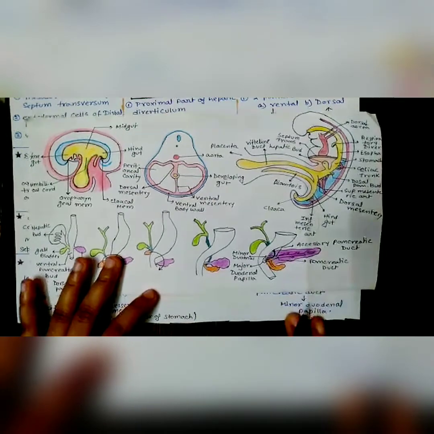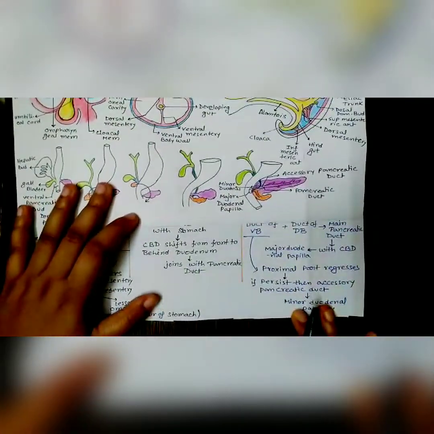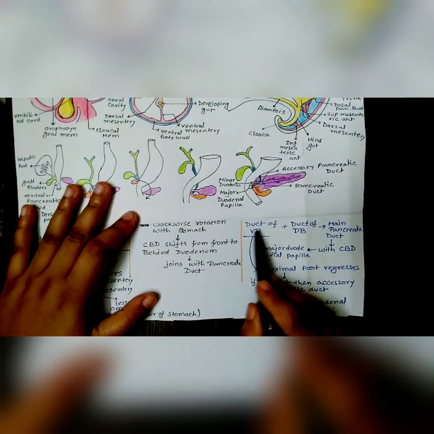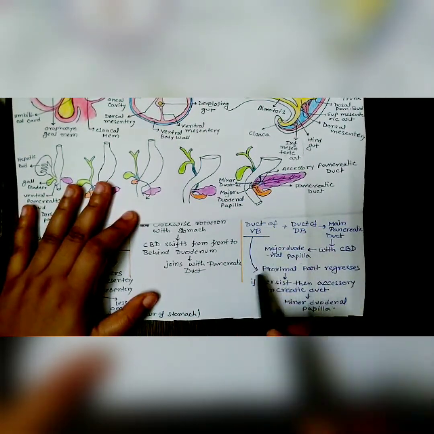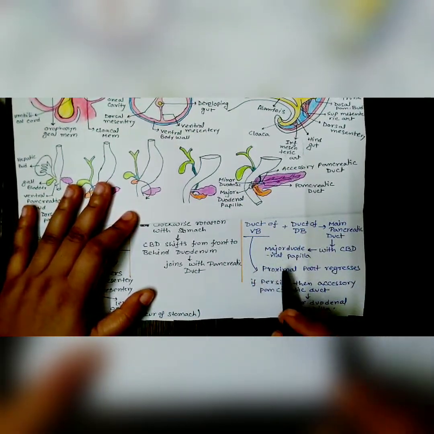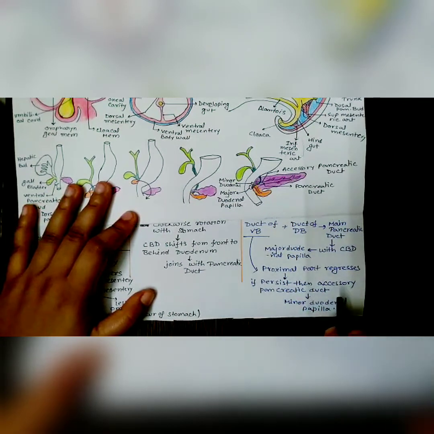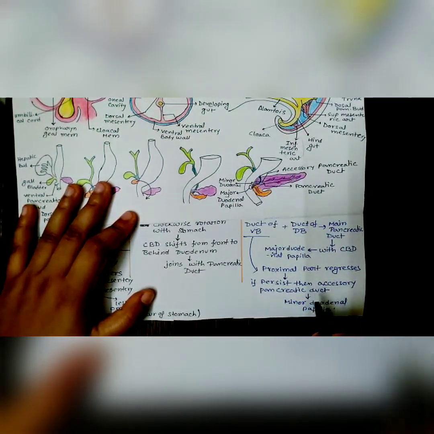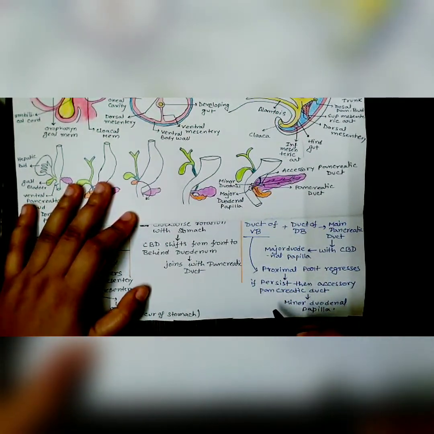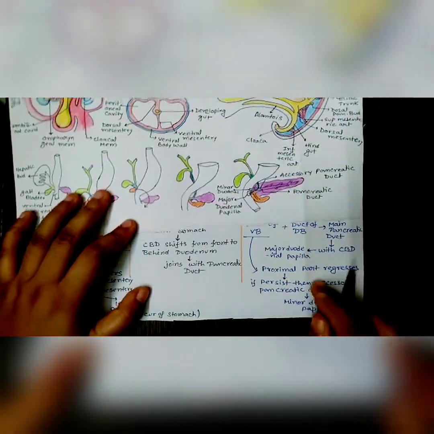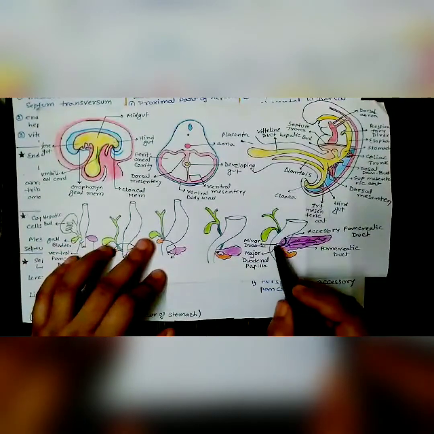Sometimes the proximal part of the duct of the ventral bud regresses in most individuals, but in many individuals it persists. Whenever it persists, it gives rise to the accessory pancreatic duct, and this accessory pancreatic duct opens in the minor duodenal papilla, right? In the minor duodenal papilla.